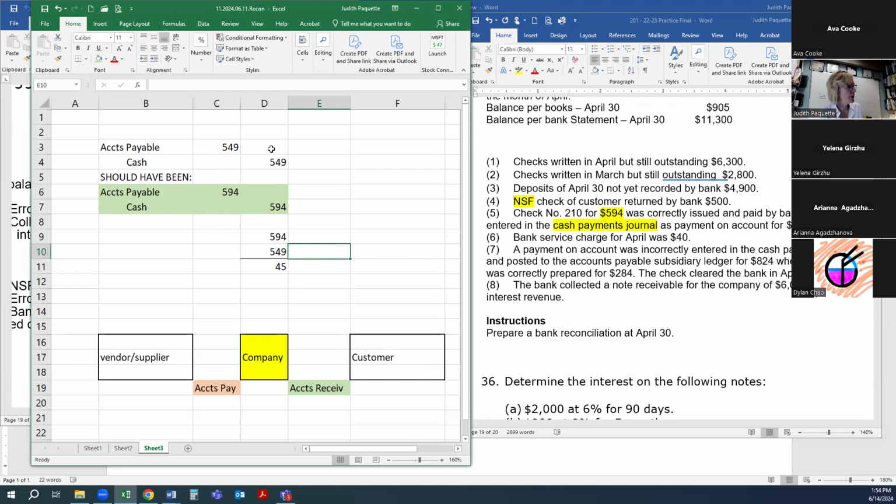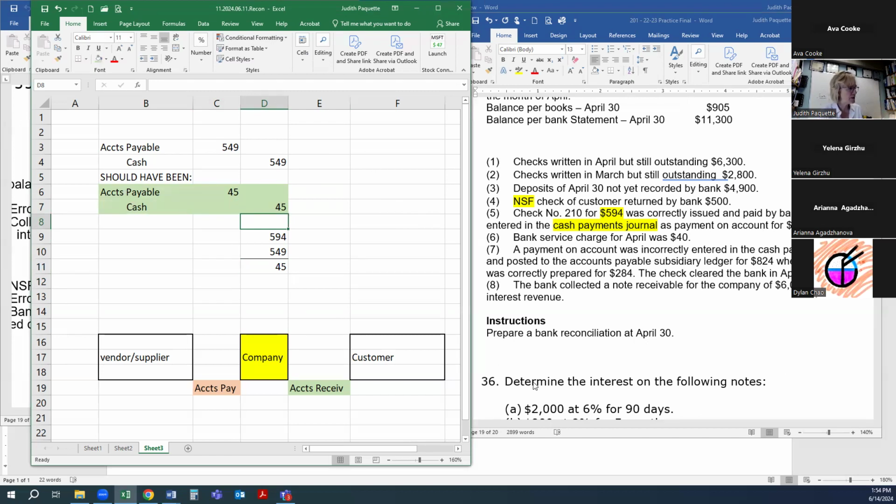So this is where we are right now. How we fix it is we take the cash and add another 45. So now cash total is 549 plus 45, and it's now correctly in total at 594. Accounts payable, same thing. Okay.